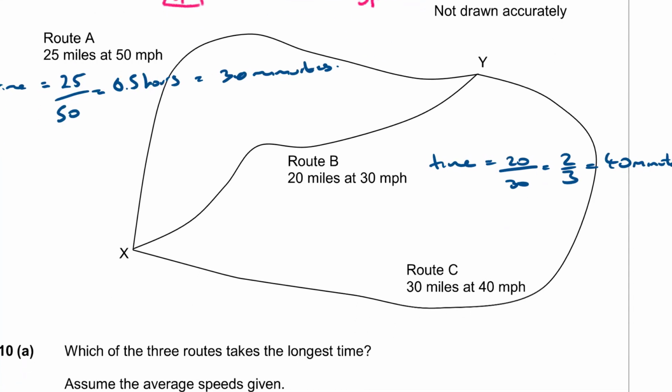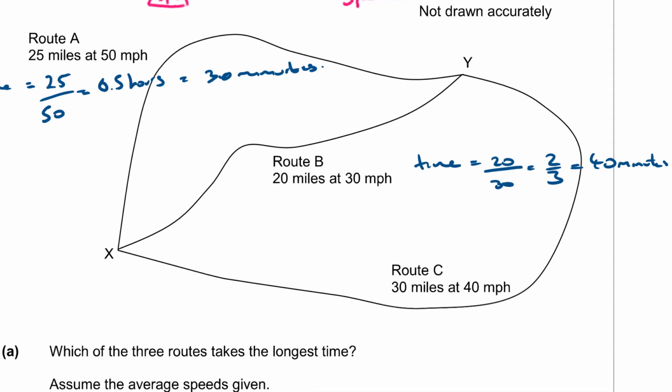And then route C, 30 miles at 40 miles an hour. Then time taken is going to be my distance divided by my speed, which is 3/4, and 3/4 of an hour is 45 minutes. So which one took the longest time? It's going to be route A.